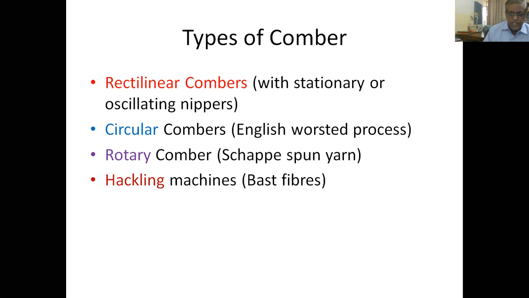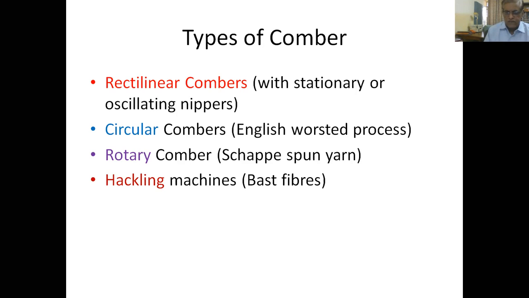In the case of a rectilinear comber, what is a rectilinear comber? It is one where the operations are done one by one. Generally in textiles, the rollers move continuously and the material is also delivered continuously, whereas in rectilinear combers the operations are done one by one.